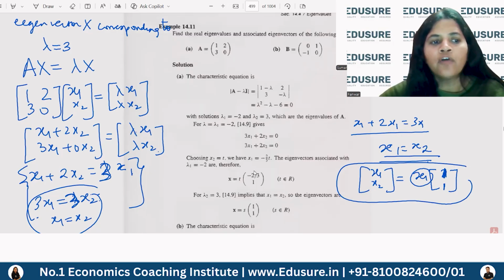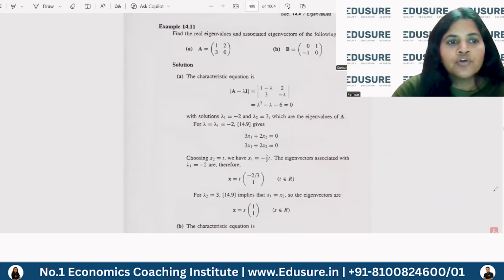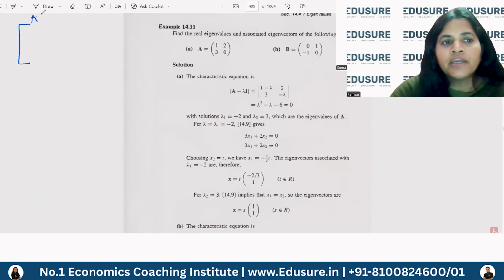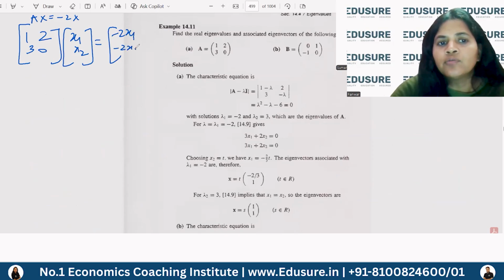Now find the eigenvector corresponding to lambda equals minus 2. That means Ax should be equal to minus 2x. So 1, 2, 3, 0 times x1, x2 is equal to minus 2x1, minus 2x2.